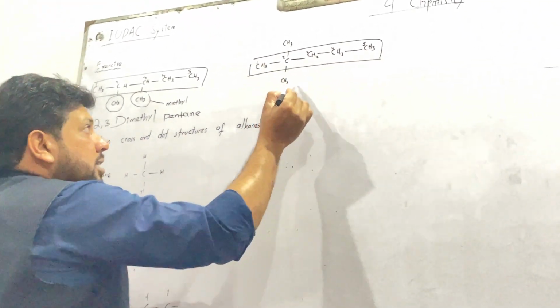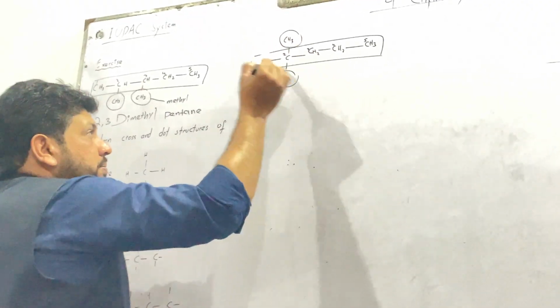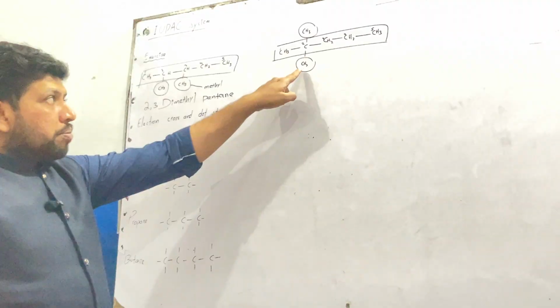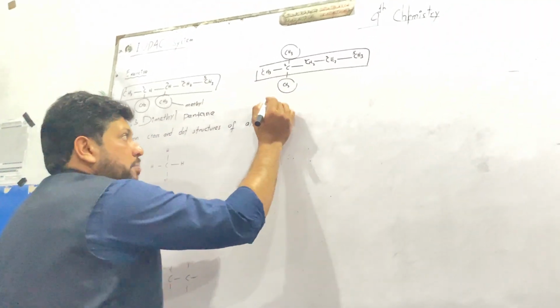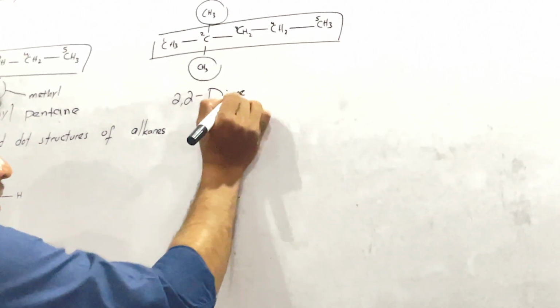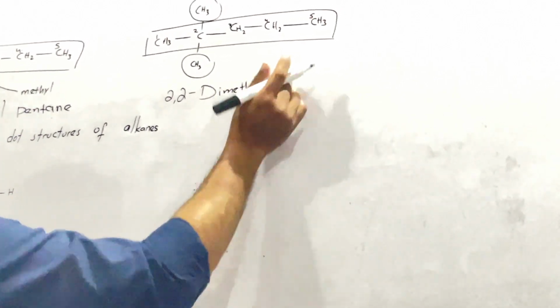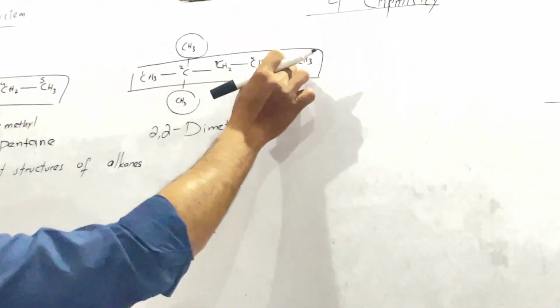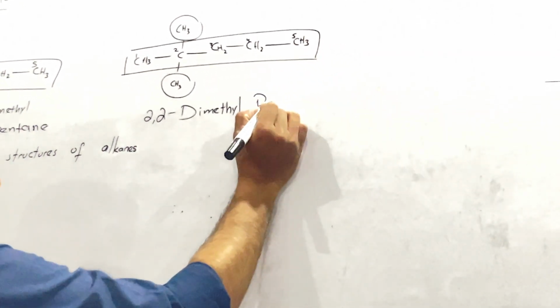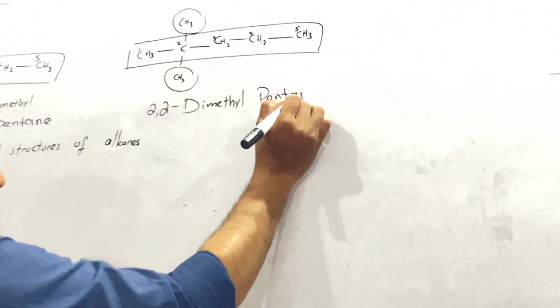Now look at the substituent. Both methyl groups are present on the same carbon atom, carbon number 2. So its name will be 2,2-dimethyl, and the parent molecule is pentane because it has 5 carbons. So it is 2,2-dimethyl pentane.